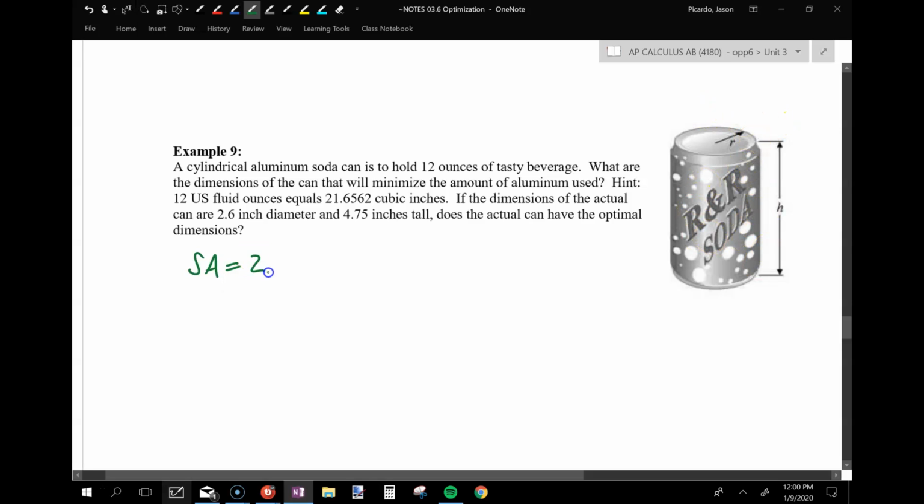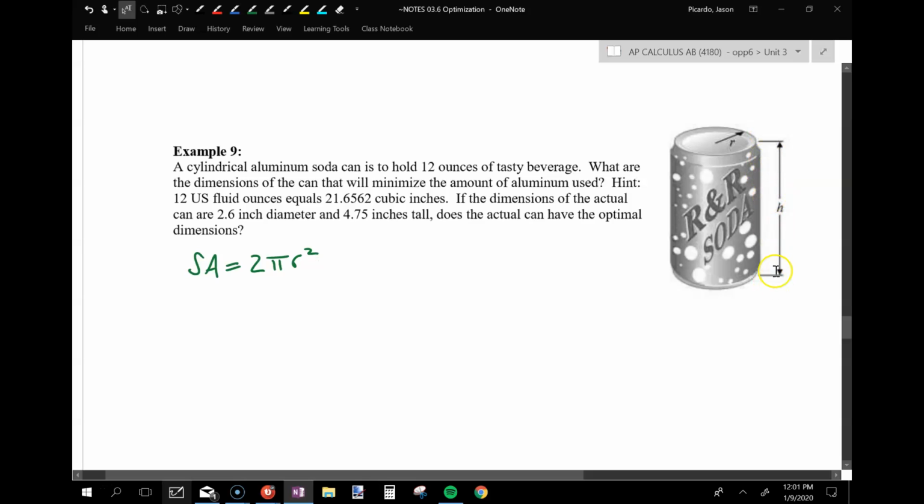All right, so we have two circles. We got that. Okay, what else do we have? Well, we have the side. What could I do if I was to take the top off, take the bottom off, and cut a vertical line, roll it out? What shape do you have? A rectangle or a square, yeah. And what is the dimension of that rectangle?